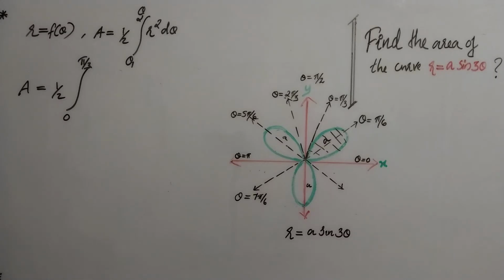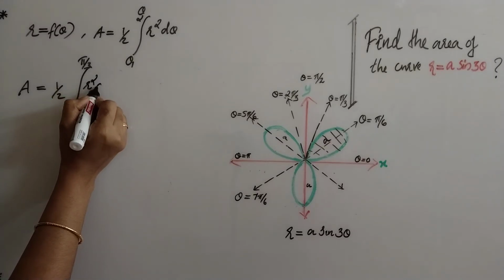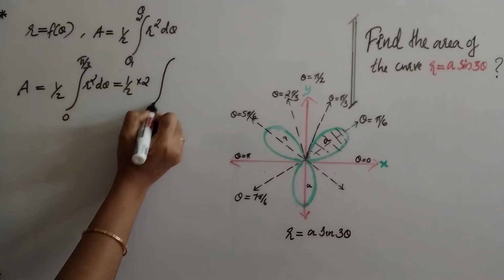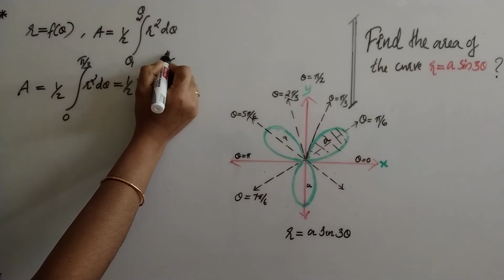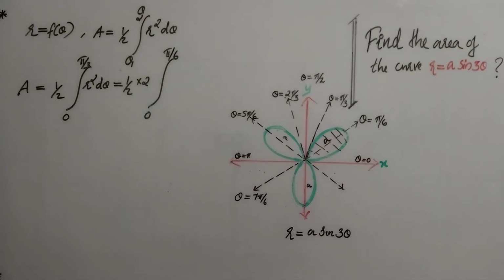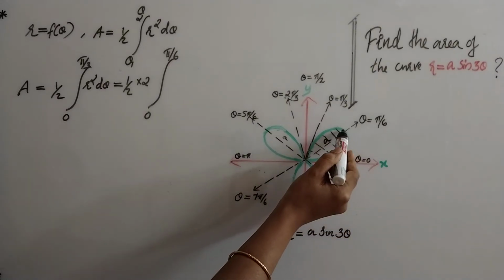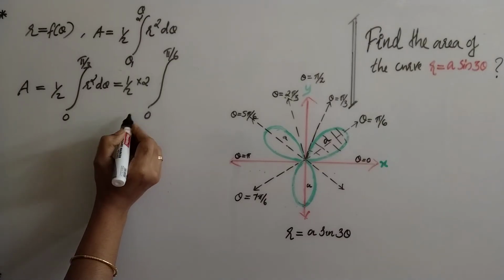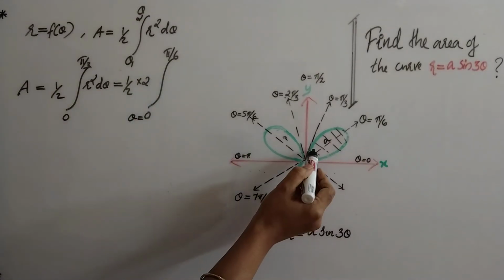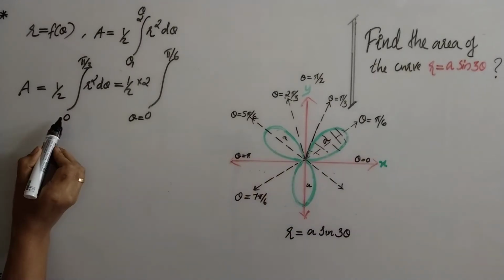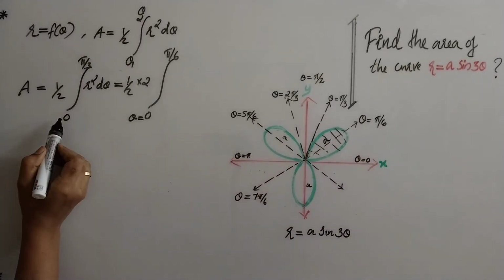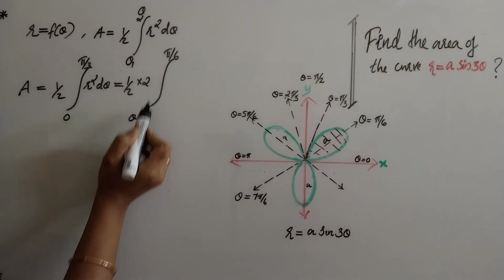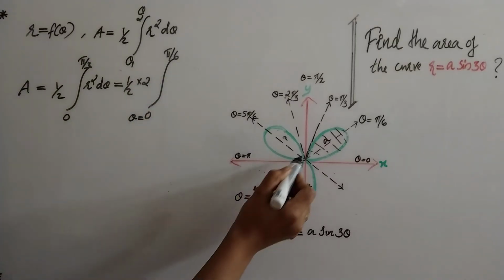Or we can write it as 1 by 2 into 2 times the integral from theta equal to 0 to pi by 6. I am just changing the integration from 0 to pi by 3 to 0 to pi by 6, times 2, which gives the complete area.